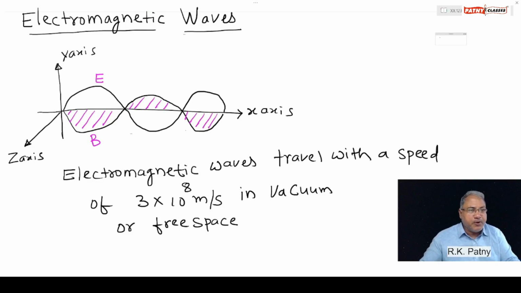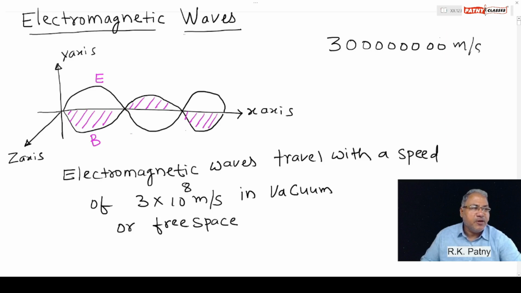One more important property of electromagnetic waves is that they have a very, very high speed. They can travel with a very high speed value. What is the speed of electromagnetic waves? That is, if you write 3, 1, 2, 3, 4, 5, 6, 7, 8 meters per second.